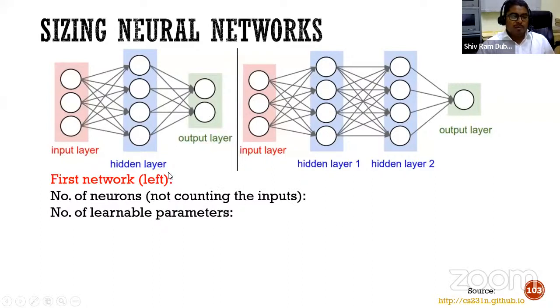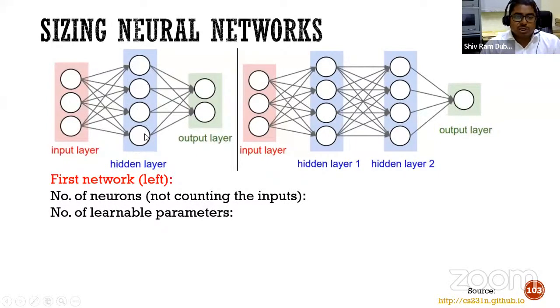How many learnable parameters? Learnable parameters means those parameters that we are going to update in optimization. So this one neuron here has 3 connections, meaning 3 inputs. So there will be 3 parameters. And we can have one bias also. So 4 parameters, including bias. And 4 parameters for all these neurons.